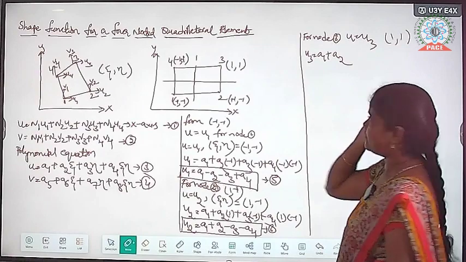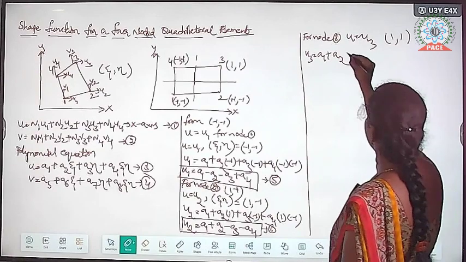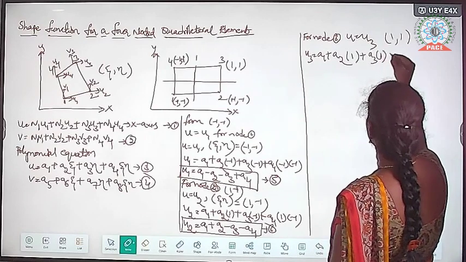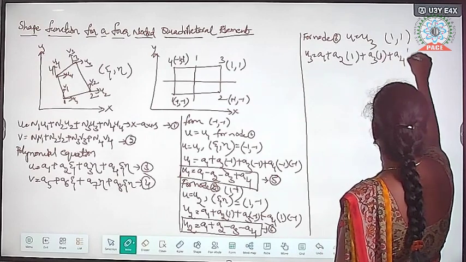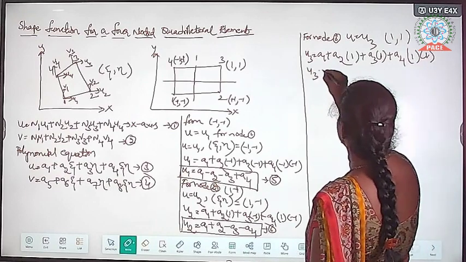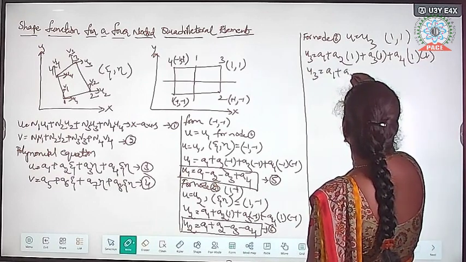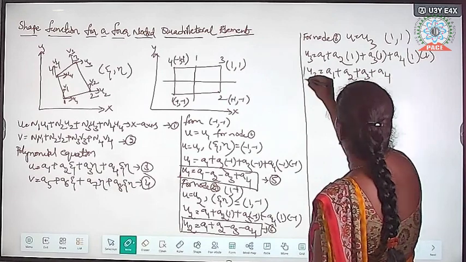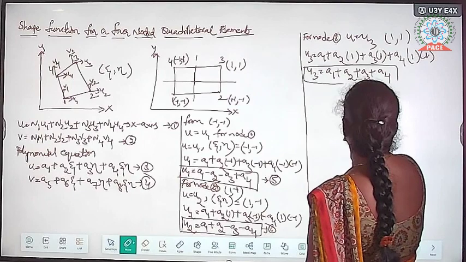So a2 into xi means 1, plus a3 into eta, plus a4 into xi into eta, means 1 into 1. So u3 is equal to a1 plus a2 plus a3 plus a4. So this is the equation number 7.